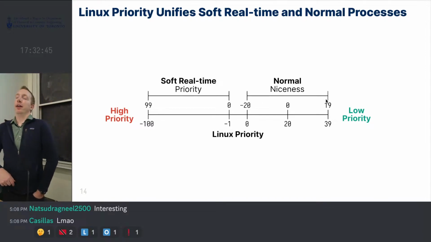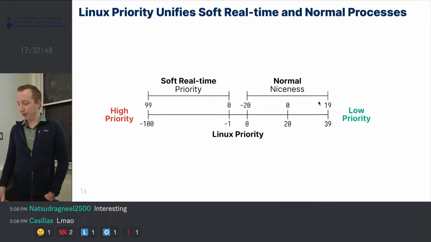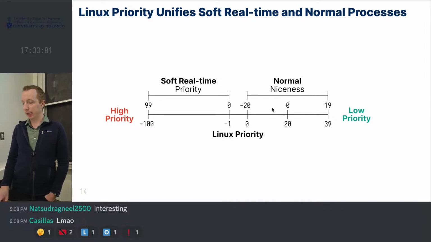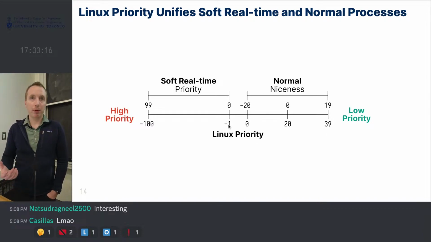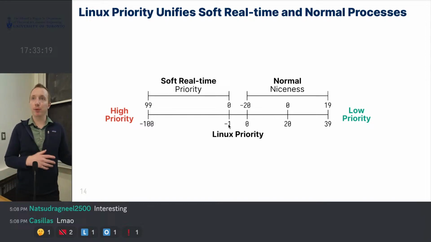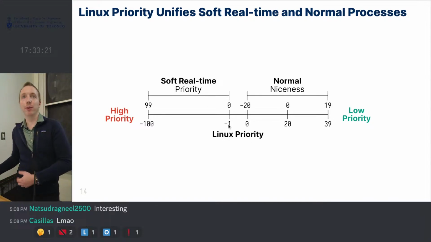So the Linux priority tries to unify these two, like I said. When it tries to unify them, its first goal is to make any normal process have a priority of 0 or above. So it will just scale the niceness by essentially adding 20 to it. So -20 becomes 0, 0 becomes 20, and 19 becomes 39. So it just scales it up. Then for real-time processes, and this is a mutually exclusive thing, your process is either normal or it's real-time.